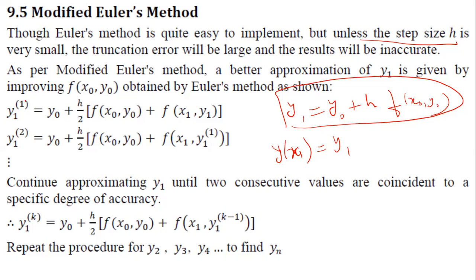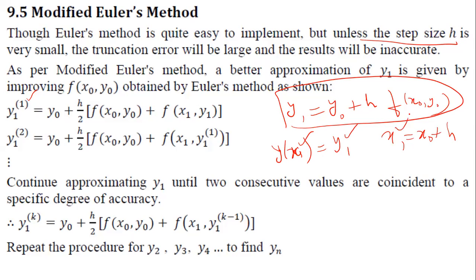In this modified Euler formula, this is called y1, where the superscript 1 means this is the first iteration result. In this first iteration, we simply use y naught plus h upon 2 times f of x naught y naught plus f of x1 y1. The x1 and y1 we obtain from the Euler formula. x1 is our x naught plus h.